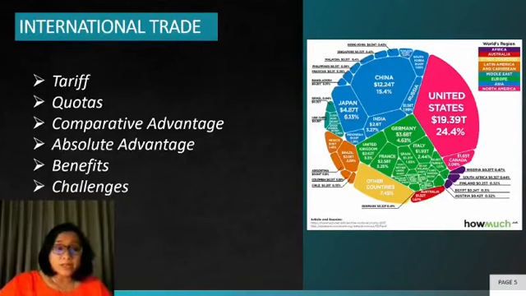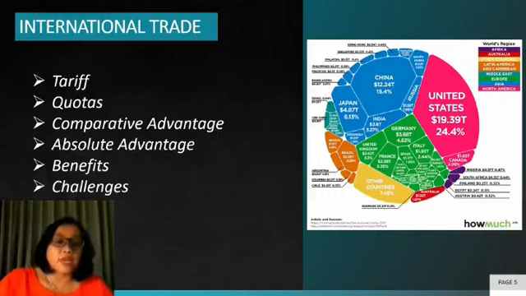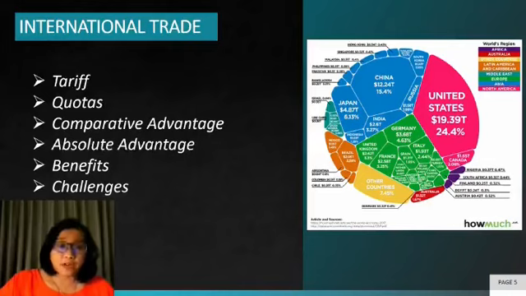International trade refers to the exchange of goods and services across national borders. It allows countries to specialize in the production of goods and services in which they have a comparative advantage, leading to efficiency and economic growth in our world.